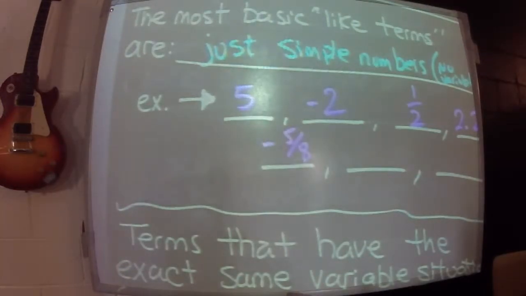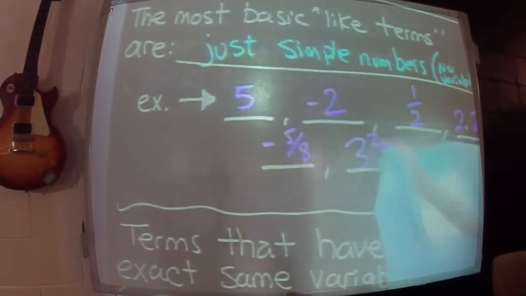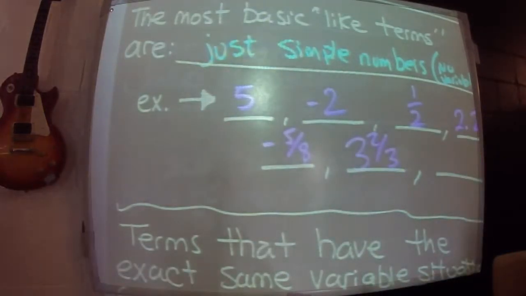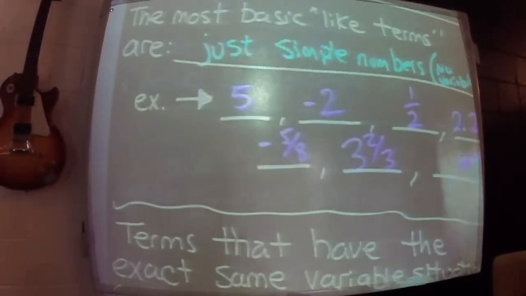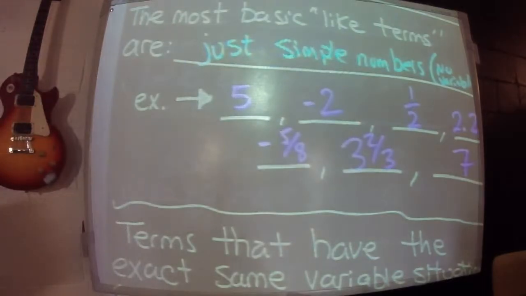Let's go, Morgan, give me a number, and a fraction. 3 2/3, just a number. And then I got one more. For some reason I put a whole bunch on here. So, Macy, just give me something. 7. Yeah, there we go. These are all numbers.